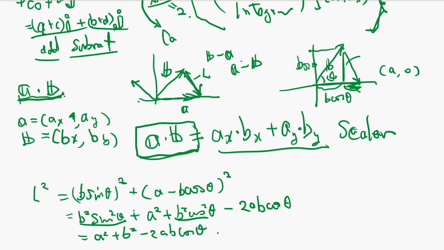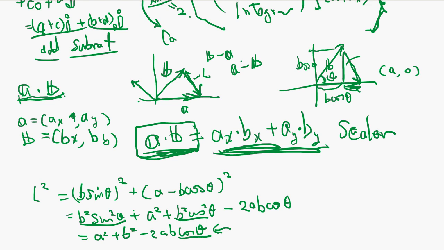So this is the length formula of this triangle, actually the cosine formula, right?